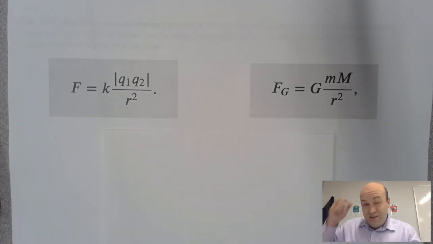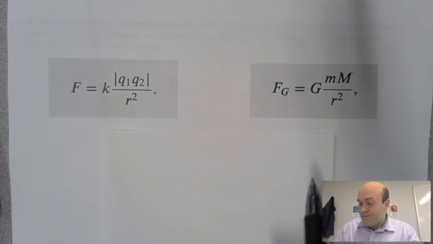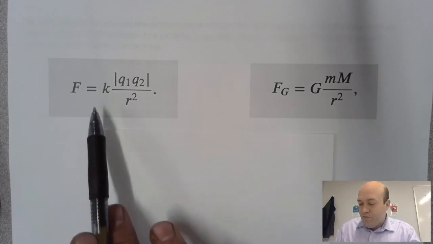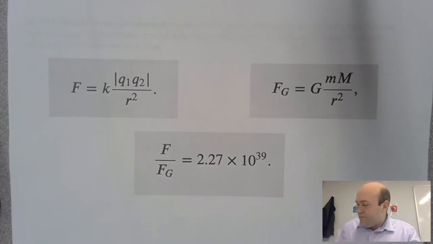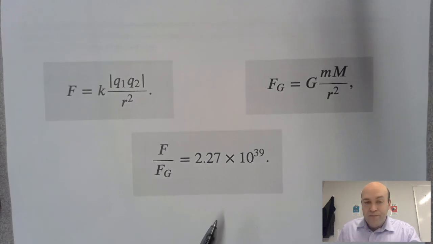If you want, you can go back into the book and read through. They go through comparing the magnitude of these forces, and it turns out that on a small scale, like looking at say inside of an atom, this Coulomb force is much, much stronger. Again, you can read through the entire example in the reading, but 39 orders of magnitude stronger.